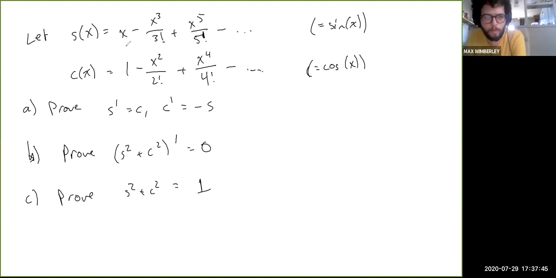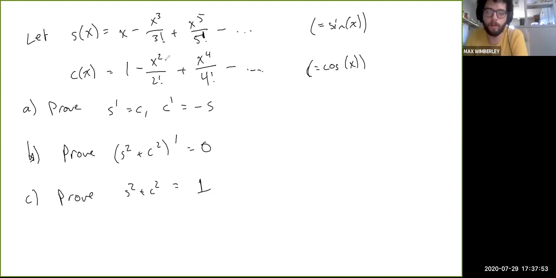So s of x is the sum from, let's say, k equals 0 to infinity of x to the 2k plus 1. Whenever I approach writing down a series like this, first of all, I notice that all the powers of x are odd.